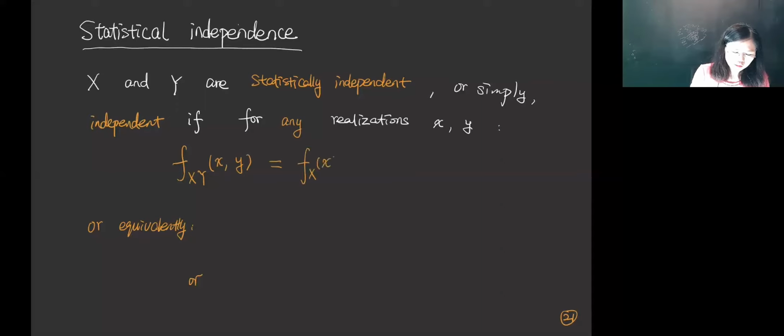It is the product of the marginal PMFs. So this product relationship should be satisfied for any realizations of the two random variables. Then the two random variables are statistically independent, or simply speaking, they are independent.